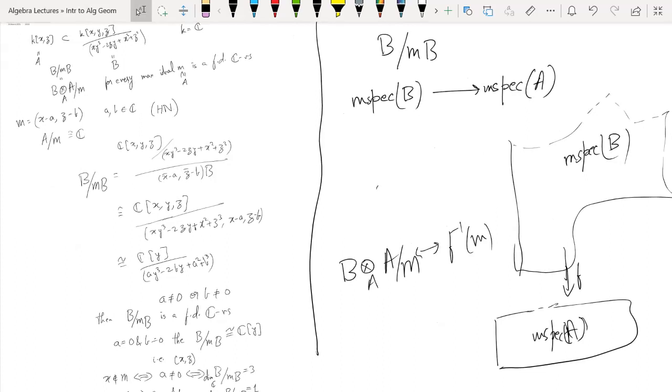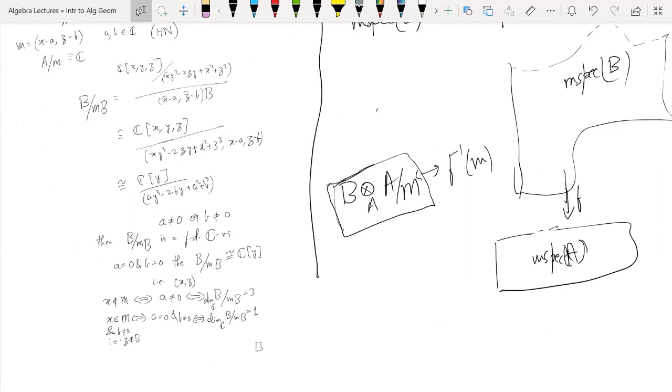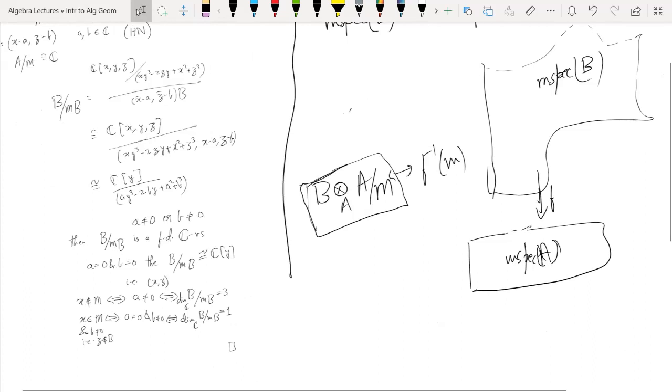Otherwise, one has to make some changes. The point is this may not be an integral domain, so you are not in the realm of varieties anymore. But when it is an integral domain, then there is a bijection, some sort of interpretation.